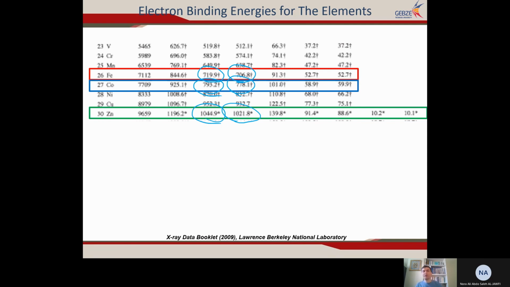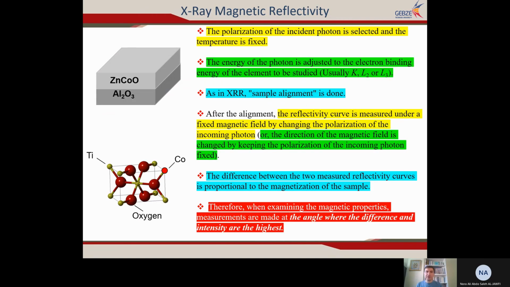Now, let me continue with the X-ray magnetic reflectivity. This is a preparation experiment for the real X-ray resonant magnetic scattering experiments. So the method is more or less the same as in the X-ray reflectivity, which you learned during the last lecture, but here we only have the term magnetic, okay?